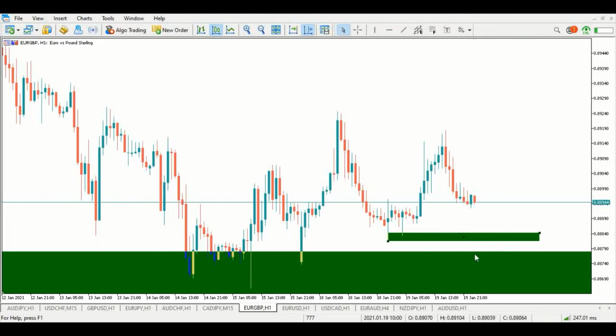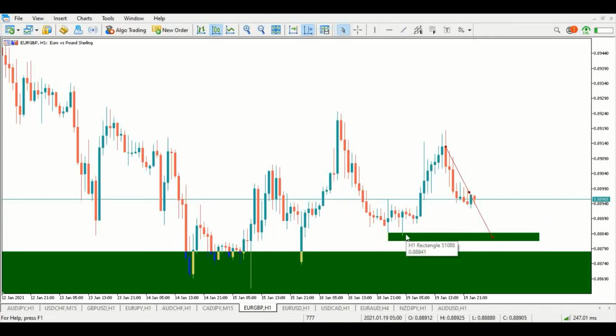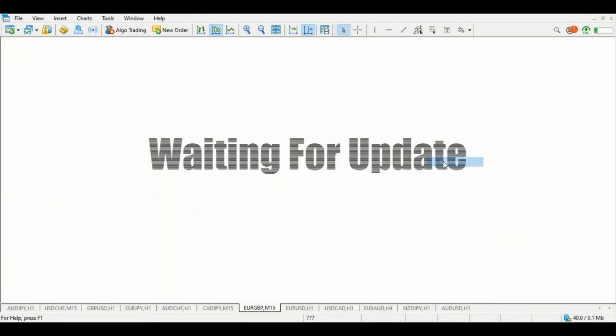As you guys can see, we've been in some kind of range market. I'll be waiting for price to probably get back to this area that I've highlighted in green for a potential reaction. Let me try zooming on to the 15 minutes.